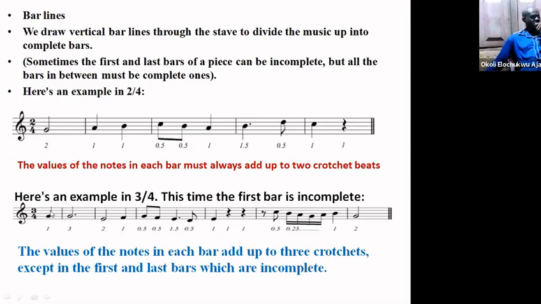The beginning of a song may not start from the first beat in the bar. That is what we call strong beats. Strong beat is usually the first beat. If you're looking at 1, 2, 3, 1, 2, 3, any song that starts from the very first note of the bar, if that bar is complete, we say it's starting from the strong beat.